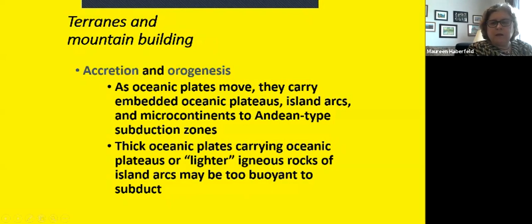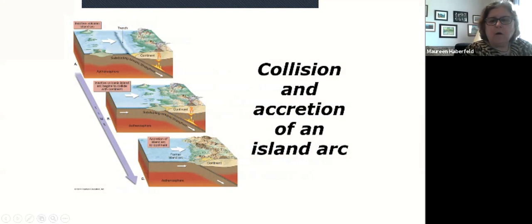As oceanic plates move, they carry these embedded little micro plateaus or different island arcs and things, and they are not subducted, they are added on to the crust. So that's showing you accretion of an island arc. It's carried by subduction, but then when it gets up to near the continent, it gets pushed up on here and creates some complicated geology.